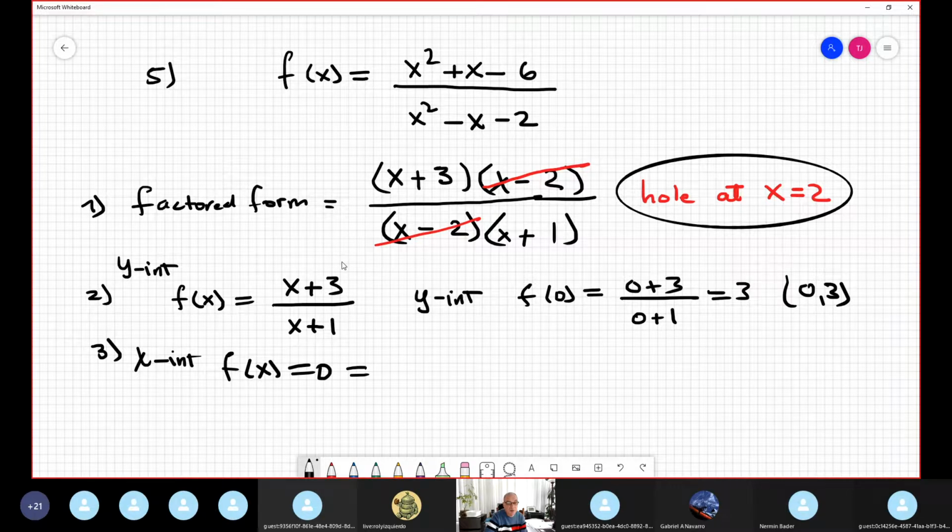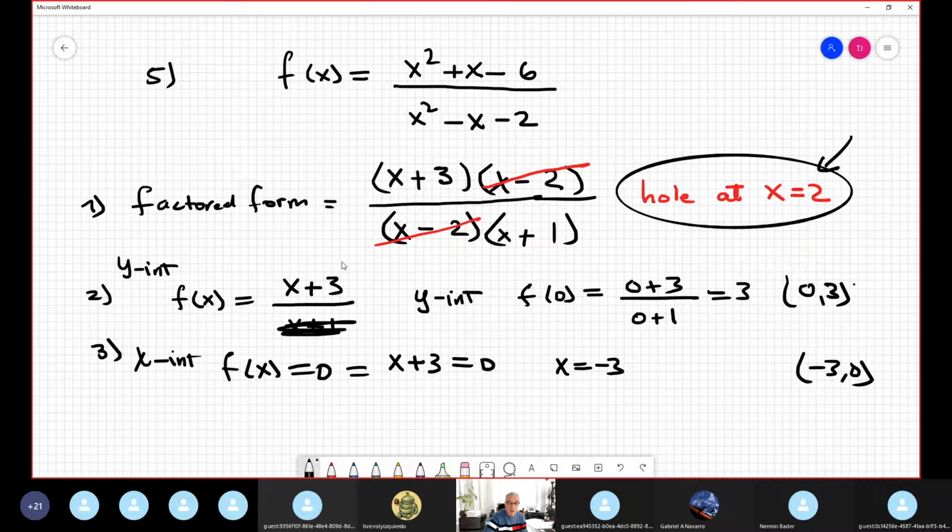It's equivalent to say you take the top part equal to 0. I don't care about the bottom part. It's negative 3. So the point is negative 3, 0. So far, I discovered one hole, the y-intercept and the x-intercept.